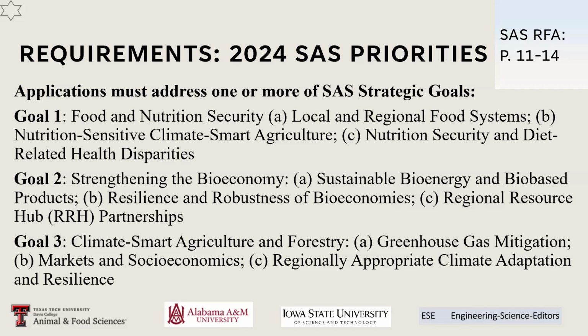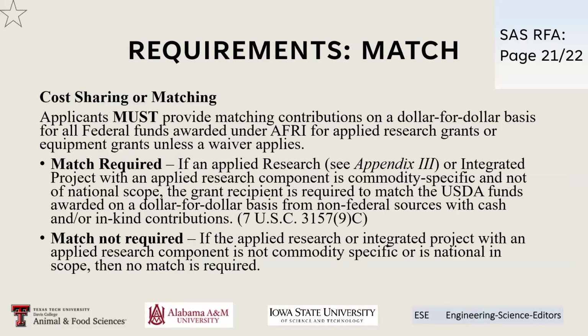So for goal number 1, you could see local and regional food systems, nutrition sensitive, climate smart agriculture, nutrition security, diet related health disparities. So think about your objectives and say, which one of these does it align with, and how can we put this wording into our RFP as we're writing our narrative? All right, then we continue.